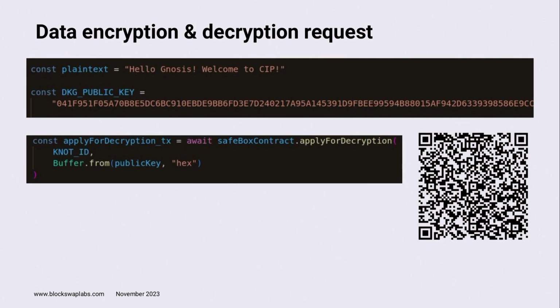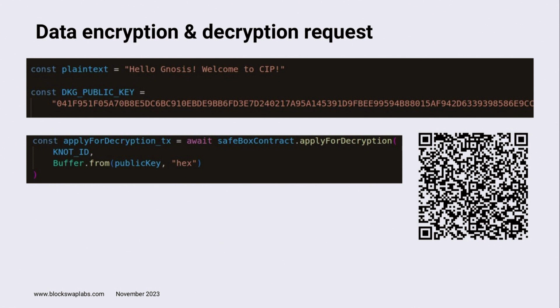This is something I wanted to demonstrate to you. These are the recent deployments on Gnosis chain. As Matt said, it's fully EVM compatible. You can deploy it on any chain you want. Here we just have a plain text, and we are encrypting it on the DKG public key and sending some transactions within this QR code.